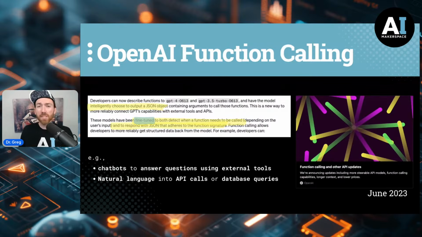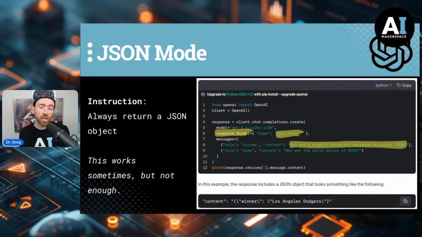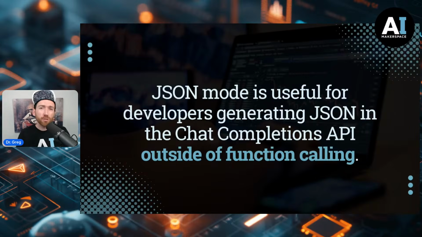In fact, a few months later, 5 months later in November, OpenAI released JSON mode because of the very fact that this sort of more general JSON mode wasn't always working with a simple prompt. So presumably this is another fine-tuned model. Now, importantly, while function calling returns JSON mode, it's not the same as JSON mode.